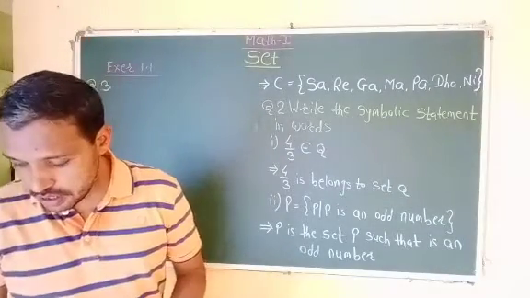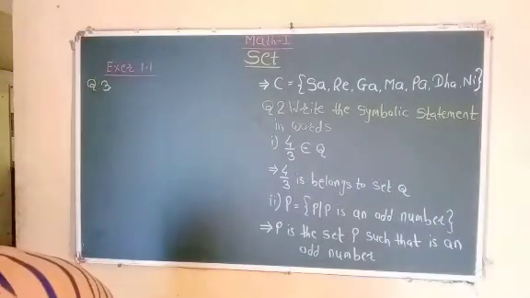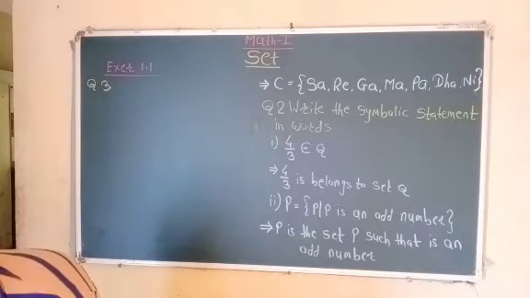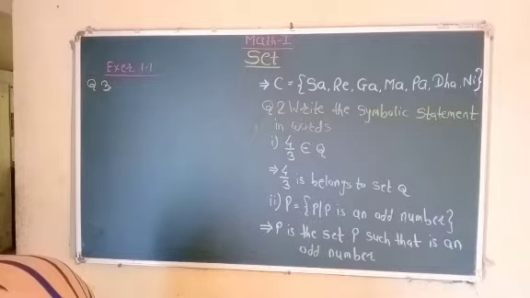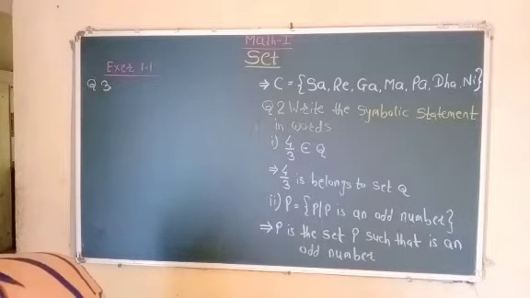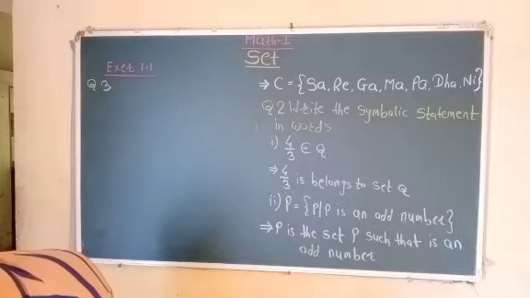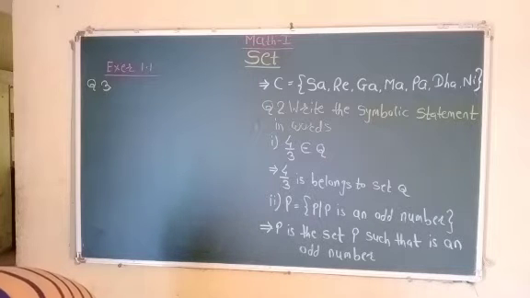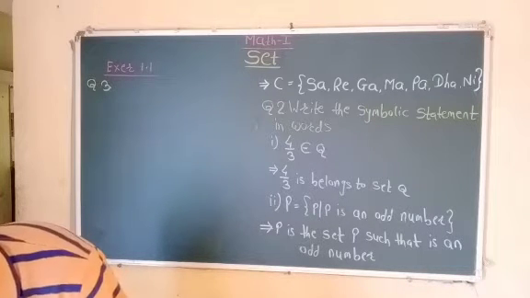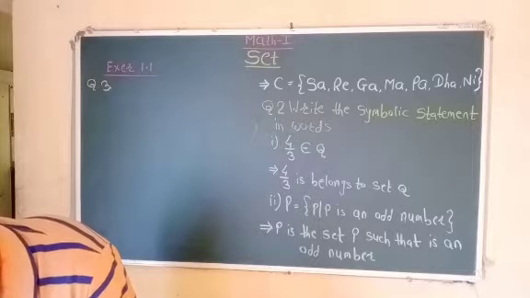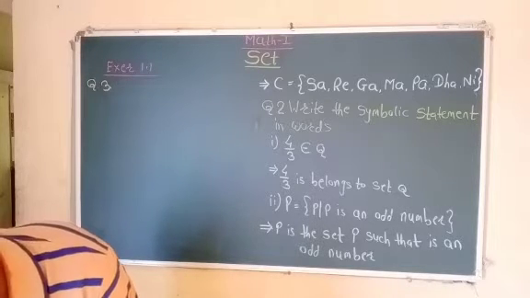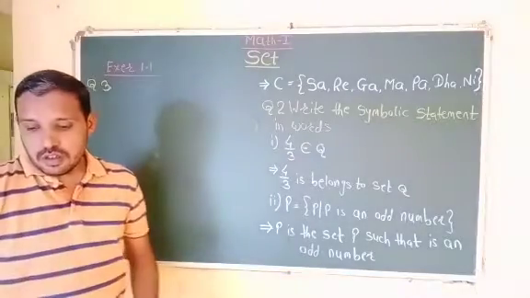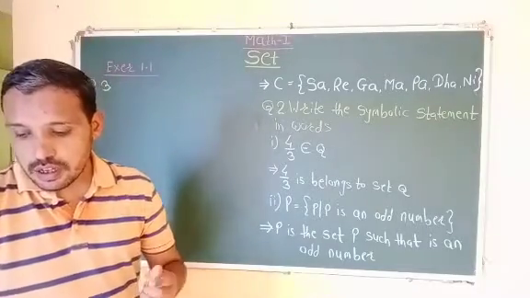So the third question is: write down the following set using listing method.